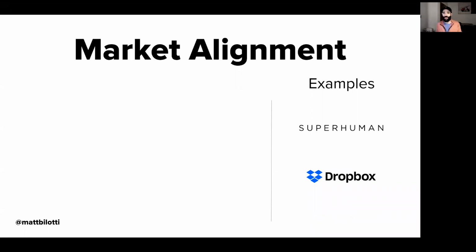Superhuman and Dropbox. Market alignment is so critical because you need to know what customer you're serving, since everything comes downwind from there. I've seen a lot of cases, at Drift and with other products, where they try to serve everyone at once.